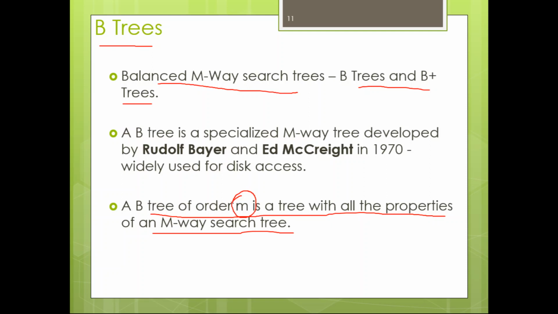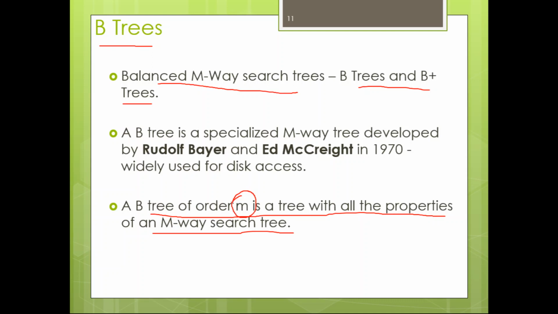Okay, what are the properties of an M-way search tree? The main property is this only. That is, each node can have at most m children, and each node can have m minus 1 key values. Okay, right? So the root node also can have m children and m minus 1 key values, and that is also applicable to the internal nodes.